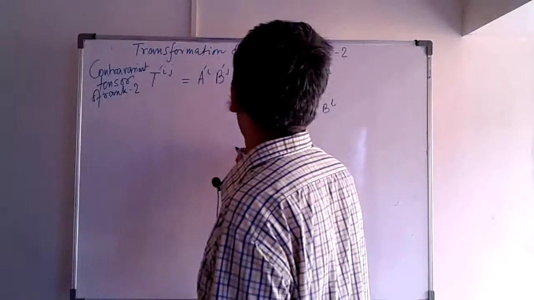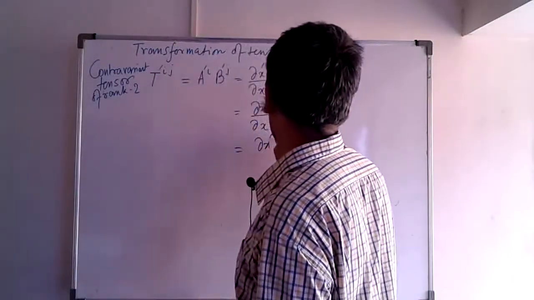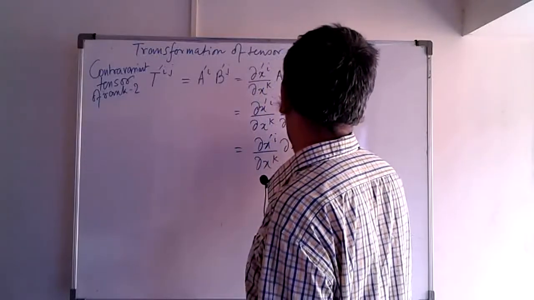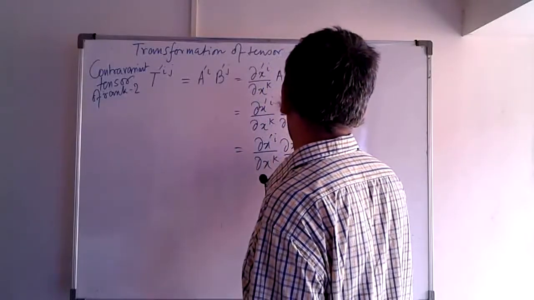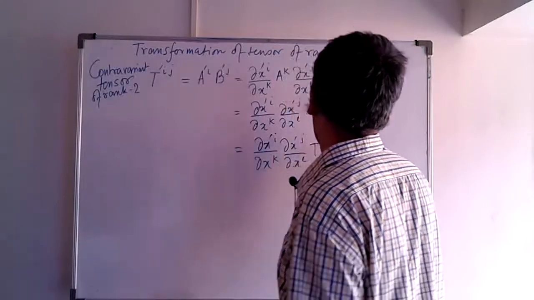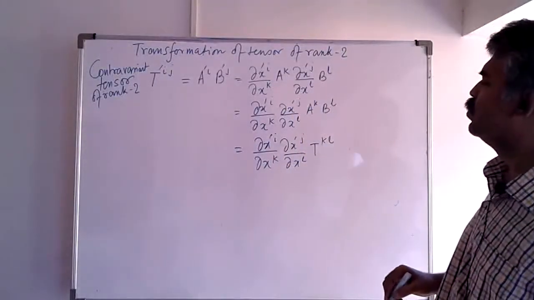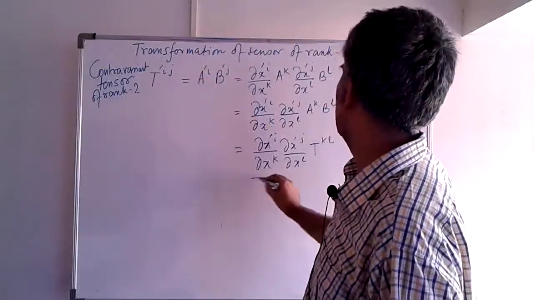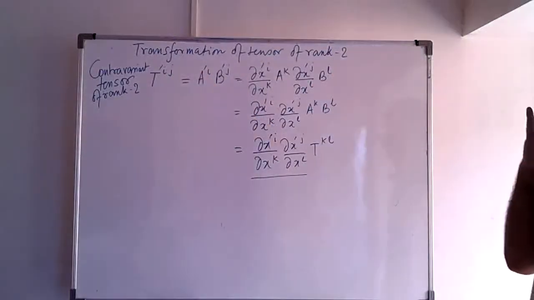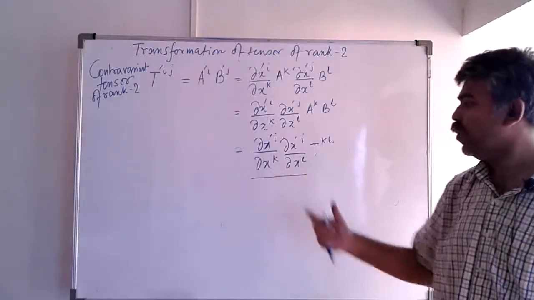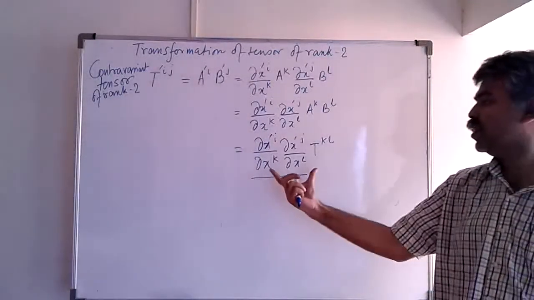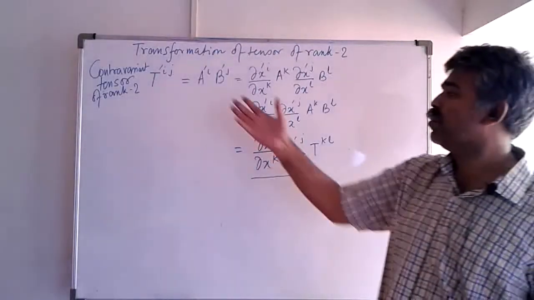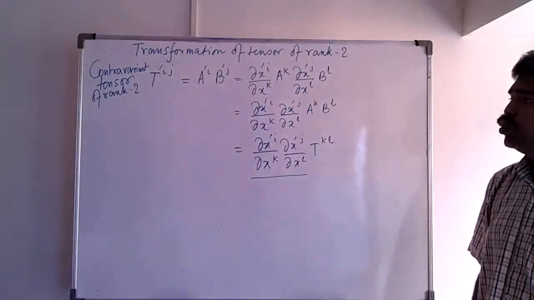I can write this as del x prime i / del x k, del x prime j / del x l, T kl. Okay. So this contravariant tensor of rank 2 transforms like this.